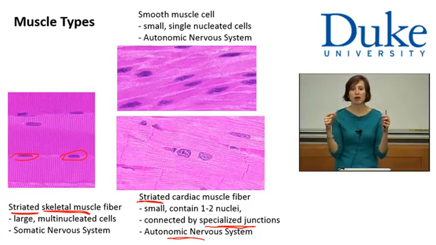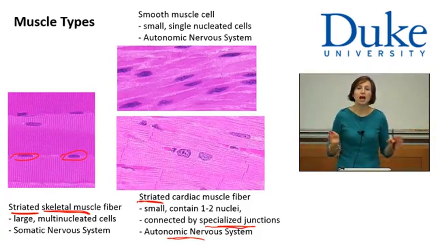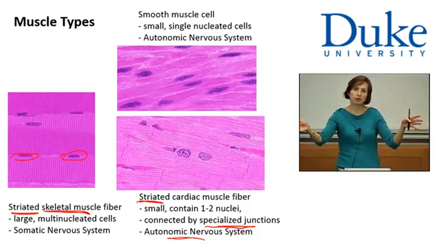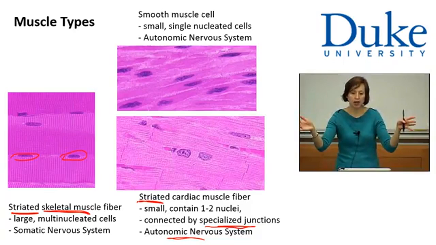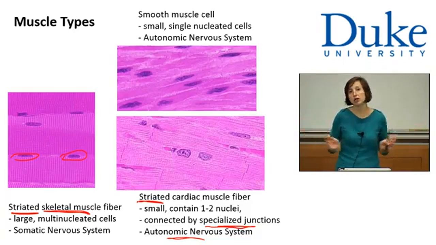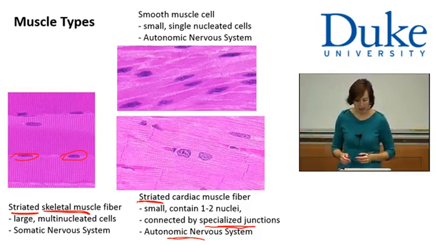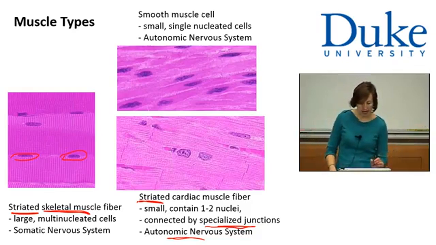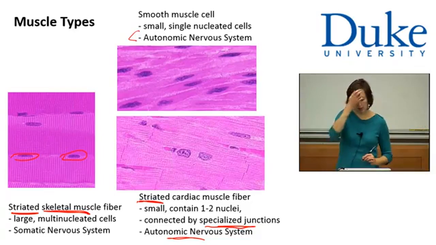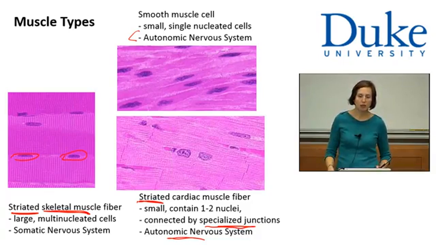And again, they're very often going to function as a sheet of cells, and to do that, they will have tight junctions or strong junctions between the cells that will allow them to adhere to one another as they're contracting so that they can act as a unit. And again, their amount of activity or contraction will be regulated by the autonomic nervous system.